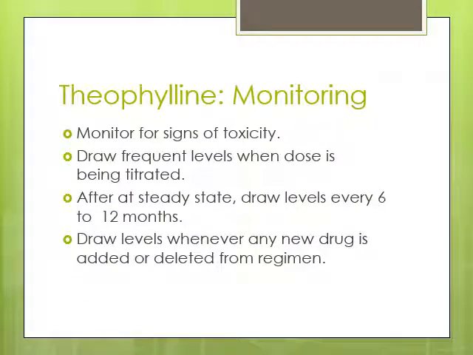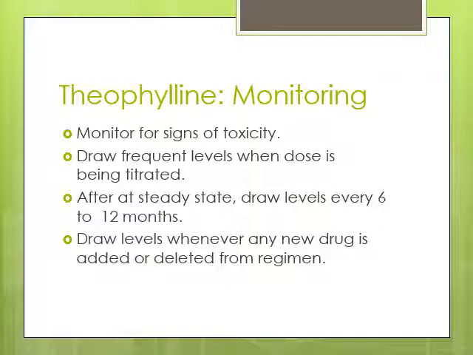Now with monitoring, monitoring is a big factor for theophylline, and a patient who is taking theophylline has to be monitored very carefully for signs of toxicity, so you need to know the range in which you can see symptoms. If the patient is demonstrating any signs of toxicity, even if it's not due for them to have a serum theophylline level per se, always draw a theophylline level.